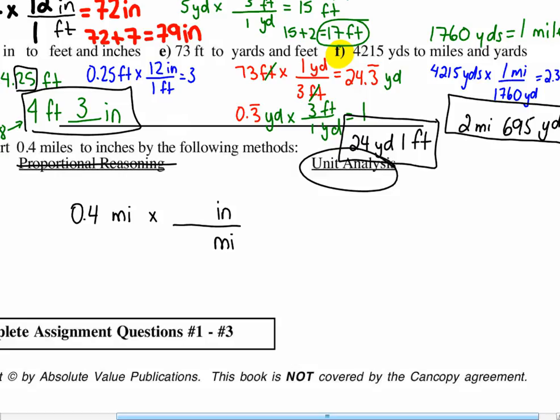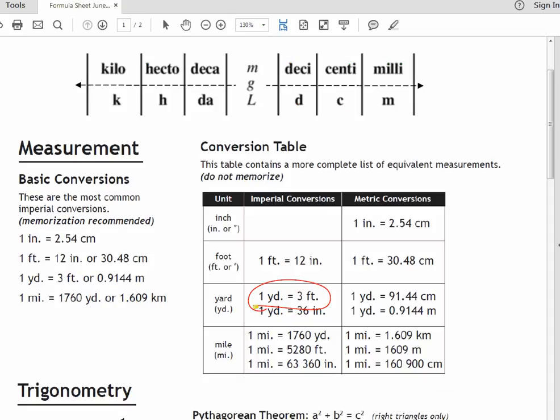If you look at your formula sheet, is there an inch to mile? Nope. There isn't. Oops, let's erase you. Go away. Doesn't want to erase. That's okay. There isn't an inch to mile. But what is there?